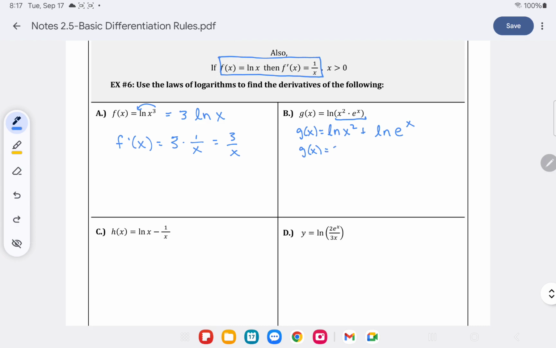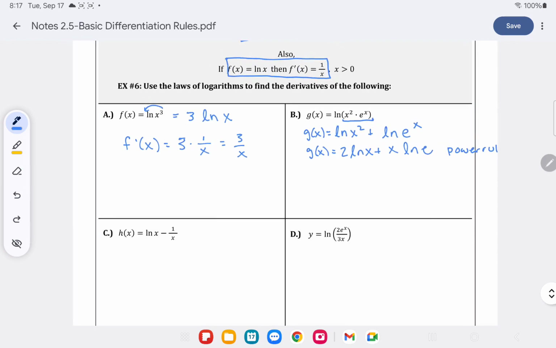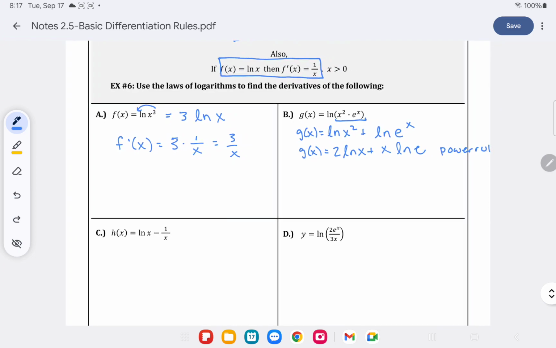This is the same thing as 2 ln of x plus x ln of e. Right there, I'm using the power rule. That was one of those properties. Now, ln of e is just 1. And we know that to take the derivative of ln of x, that's 1 over x. So now that I'm taking the derivative, I have 2 times 1 over x, which is 2 over x, plus the derivative of x, which is just 1.